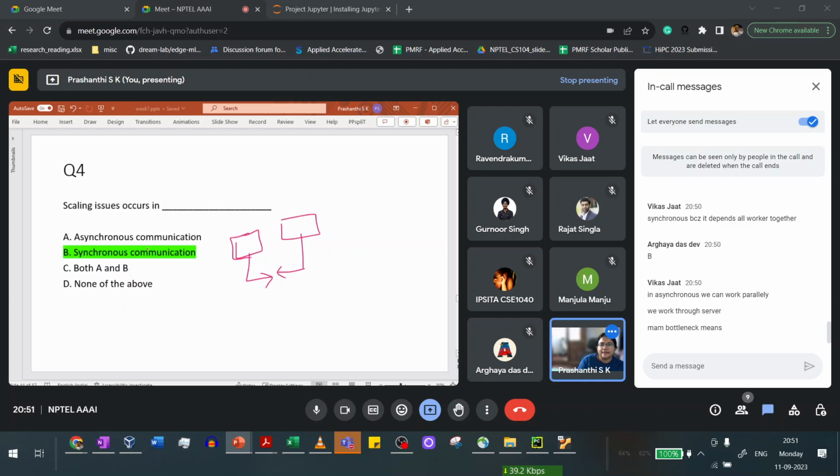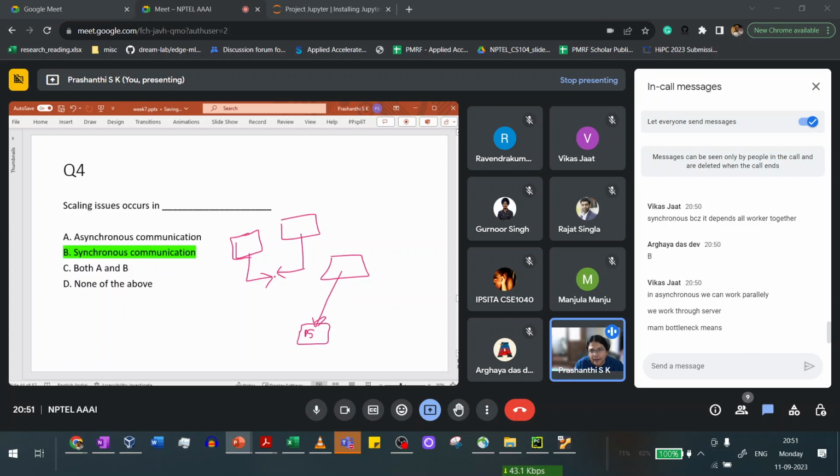Whereas in asynchronous, the parameter server, in that method that you learned, handles this part. So this GPU1, the moment it finishes its computation, it can just send the gradients to the parameter server and continue working, right? There is no synchronization bottleneck, there is no communication bottleneck happening there.